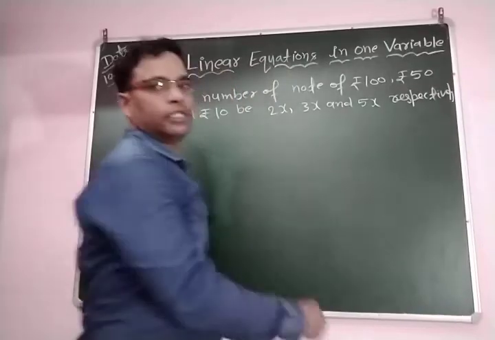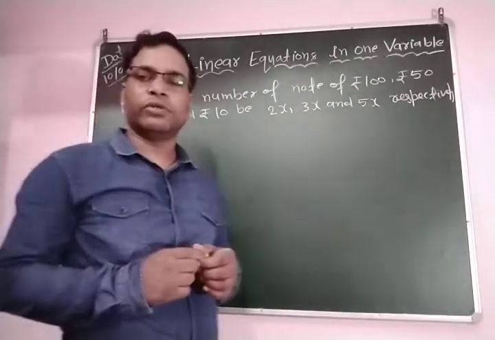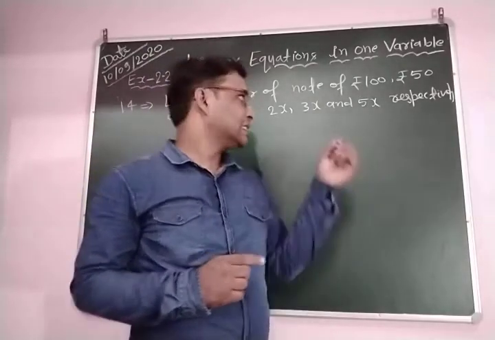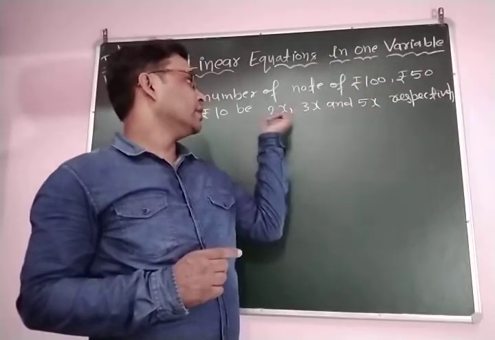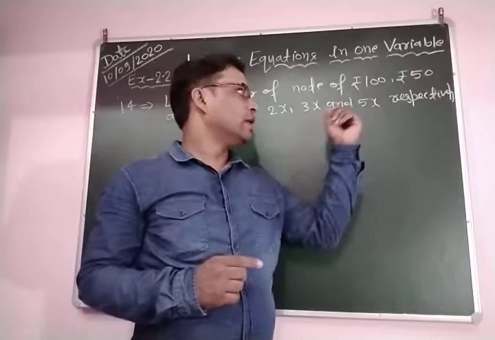This is respectively, because the given ratio of notes is 2 ratio 3 ratio 5. So we let 2x, 3x and 5x. These are the 100 rupees notes, the 50 rupees notes and the 10 rupees notes.